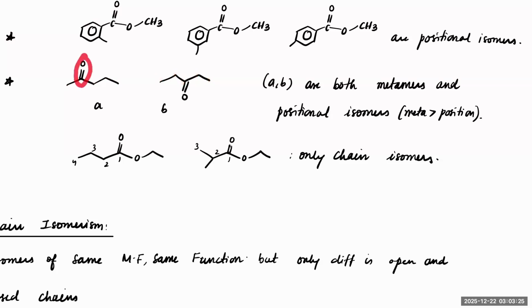Only the position of the ketone is different, which means it qualifies for positional isomers as well. Correct? But remember, if you have to prioritize between metamers and positional isomers, you will always prioritize metamers first. Only if metamers is not given in the options, you will go for positional isomer.